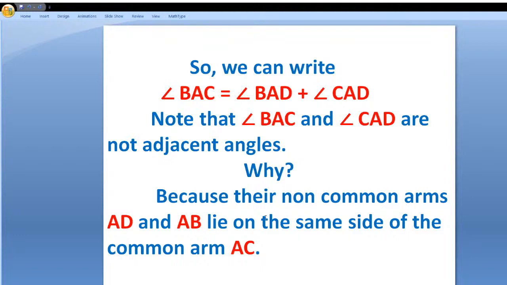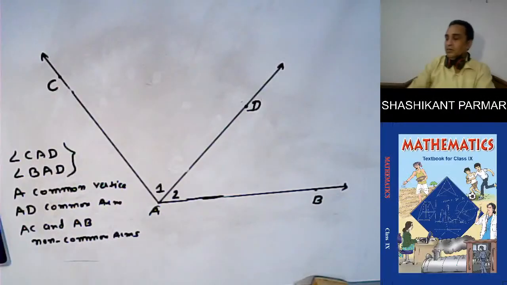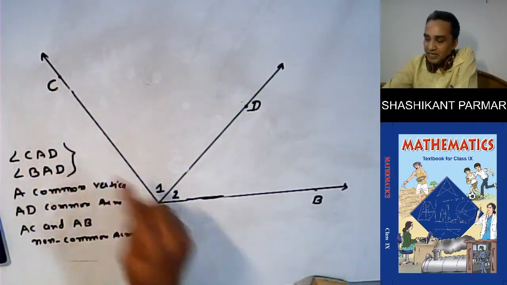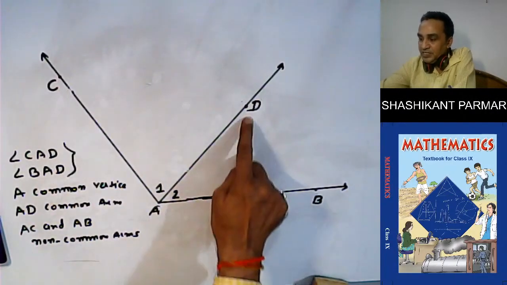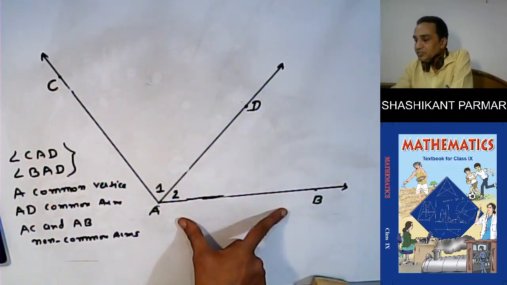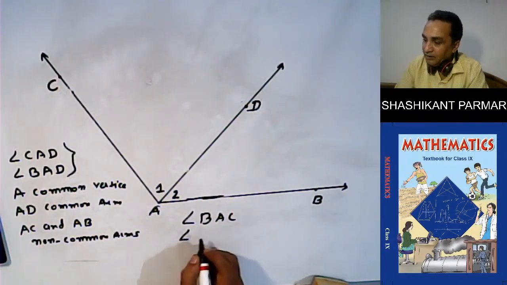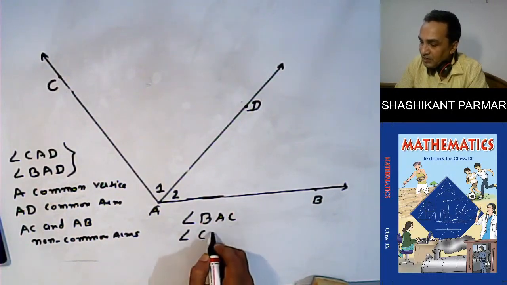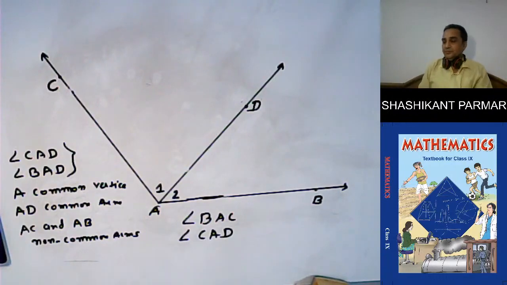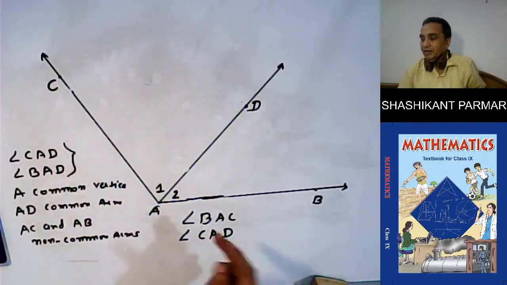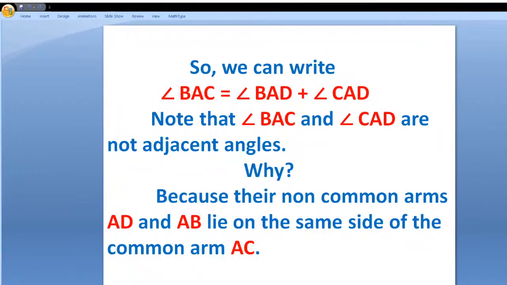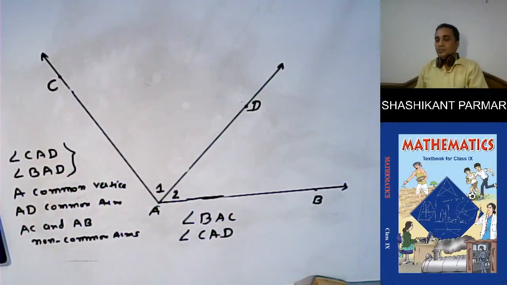BAC means the complete angle, and CAD is this smaller angle. Let us look at angle BAC and angle CAD.